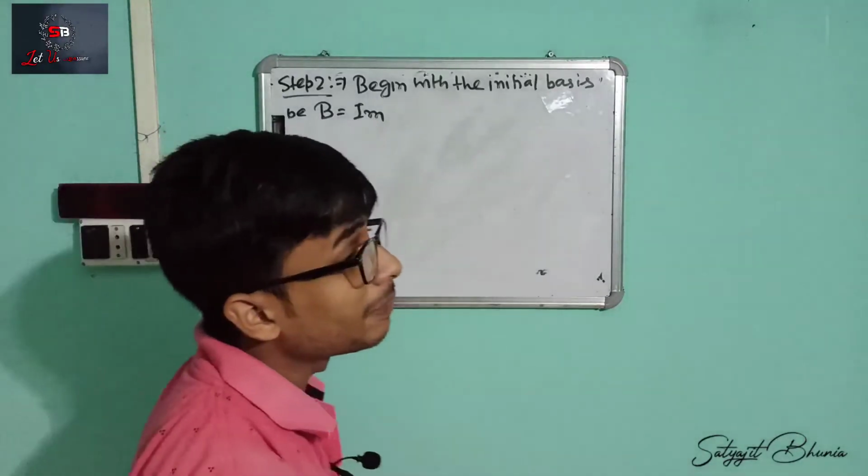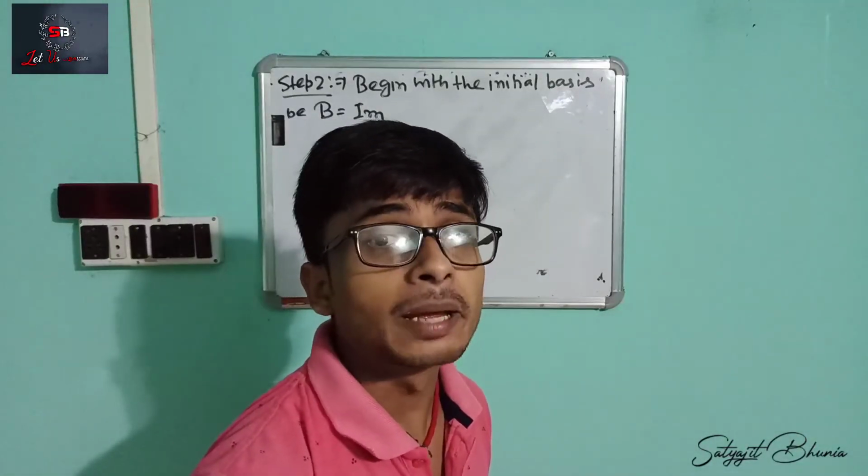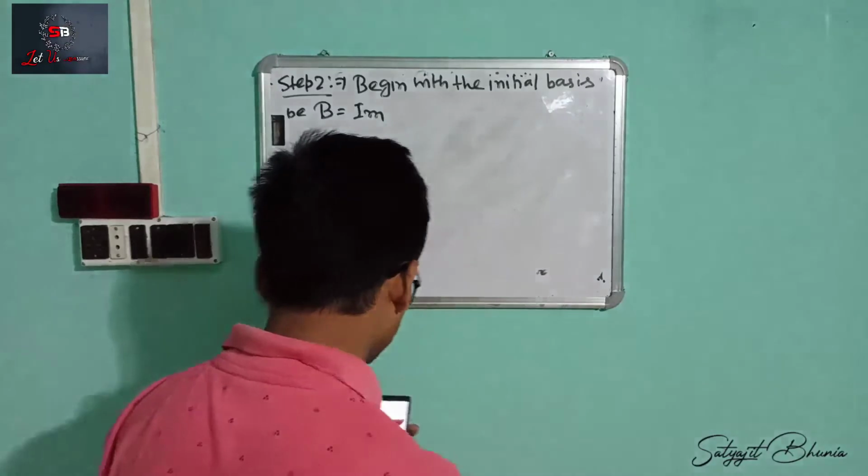What is m? m is the number of constraints.